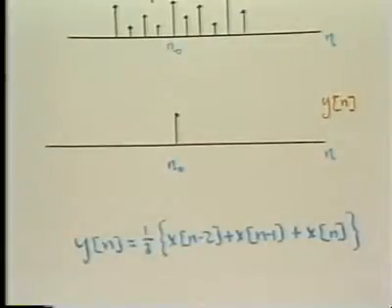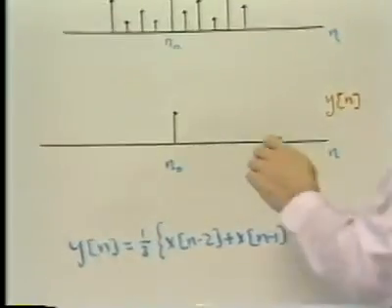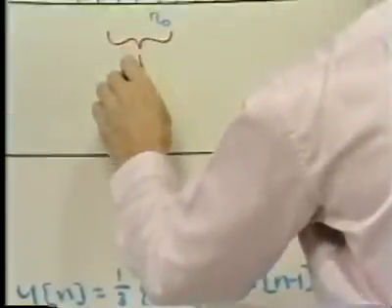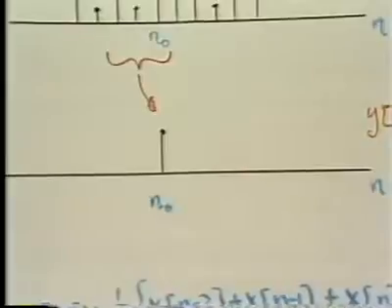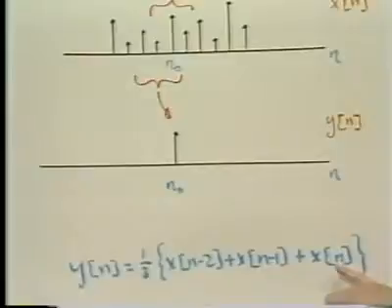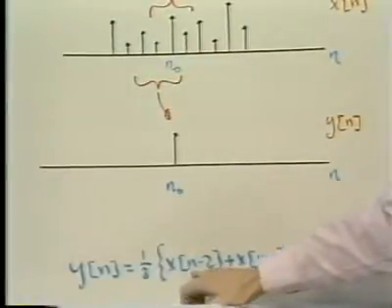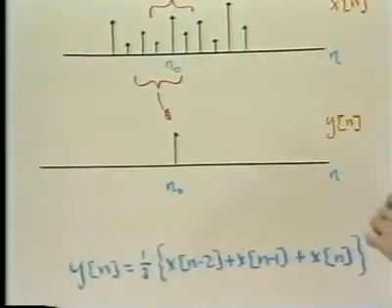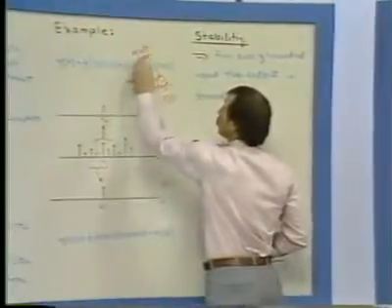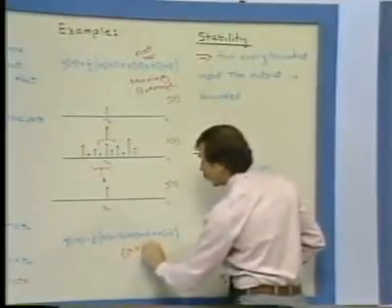In this case, because of the way in which I've picked the values, the output depends on the value at n0, the value at n0 minus 1, and the value at n0 minus 2. So y of n0 would depend here on x of n0, x of n0 minus 1, and x of n0 minus 2. And so in the first case, the system is not causal, and in this case, the system is causal.